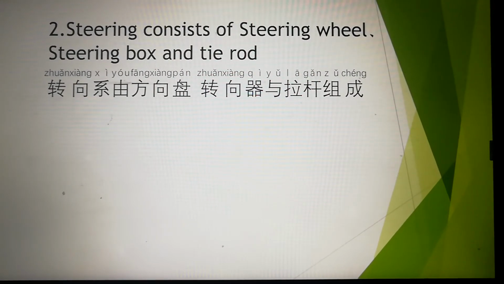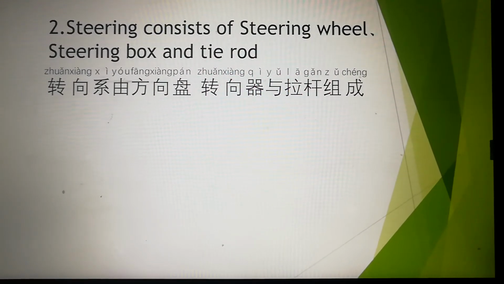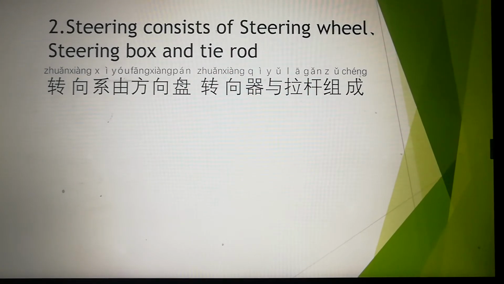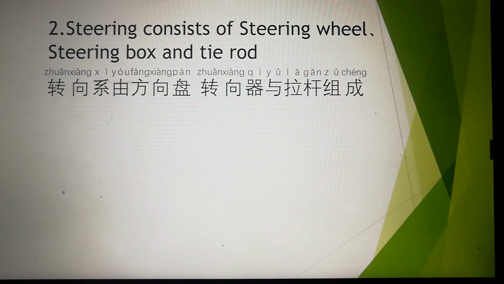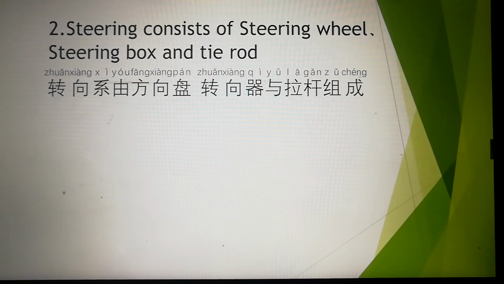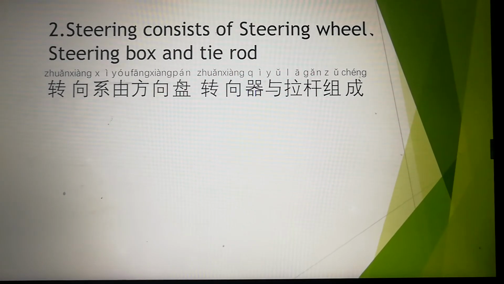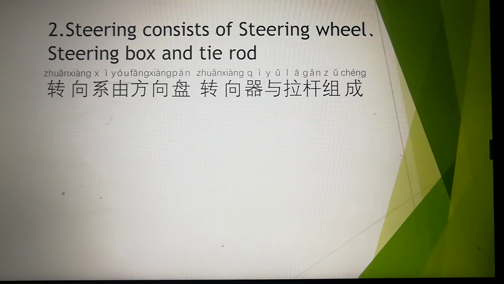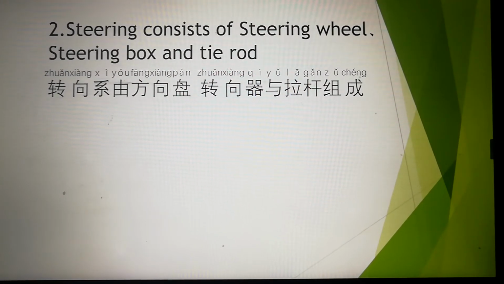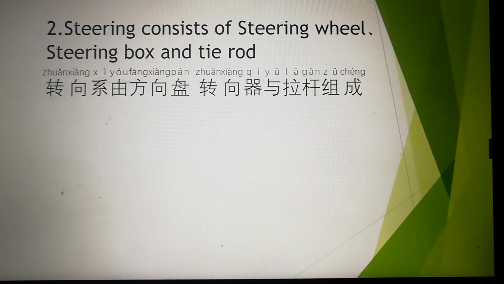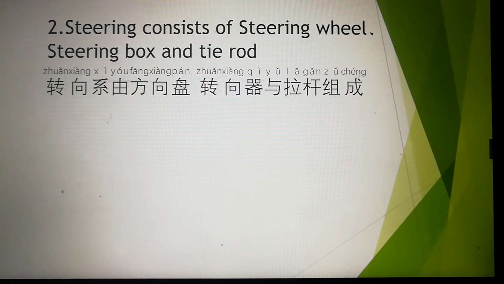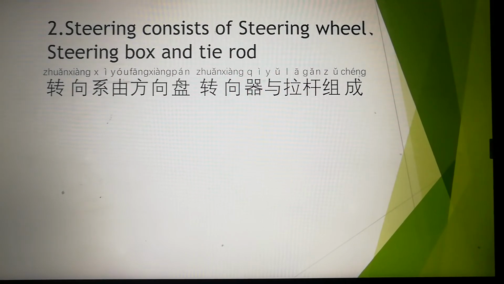Steering means 转向系. Steering wheel means 方向盘. Steering box means 转向器. Tire rod means 拉杆. Consists of in Chinese means 由 something or somebody 组成.